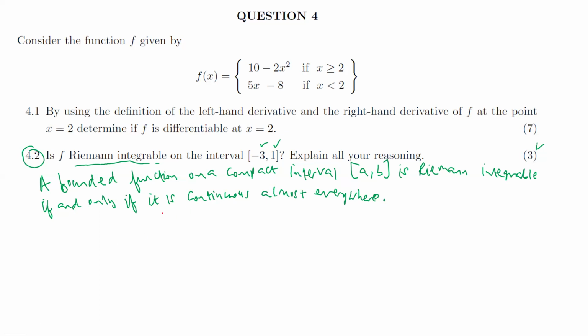So, if and only if, the necessary and sufficient condition is continuity. So, is f Riemann integrable on the interval? So we require that the function be continuous. If the function is continuous over this interval, then it is Riemann integrable. But is it continuous, this function?